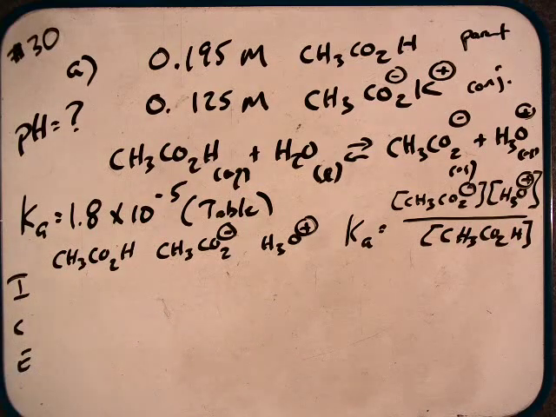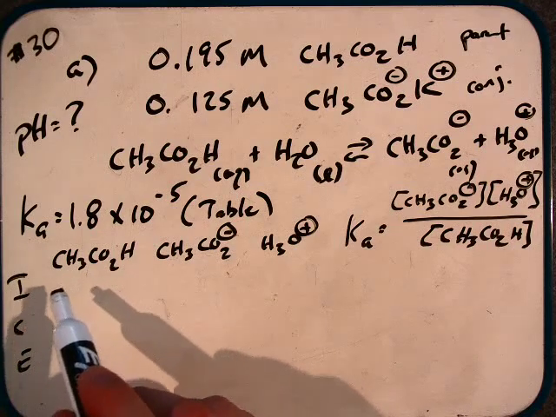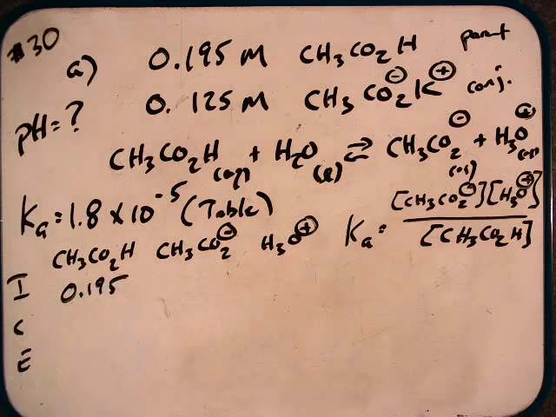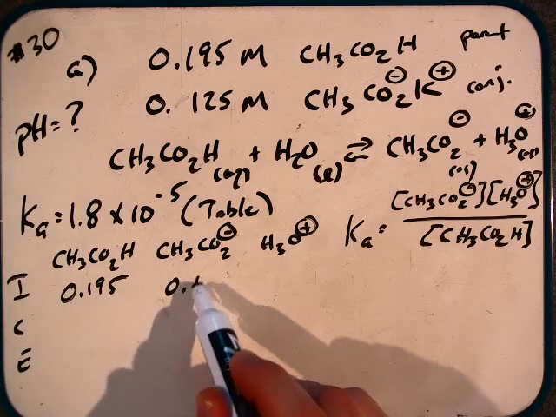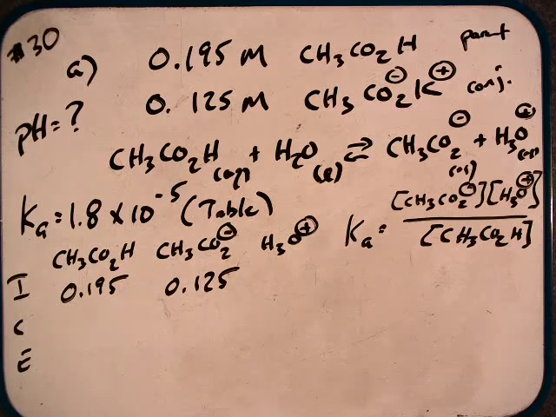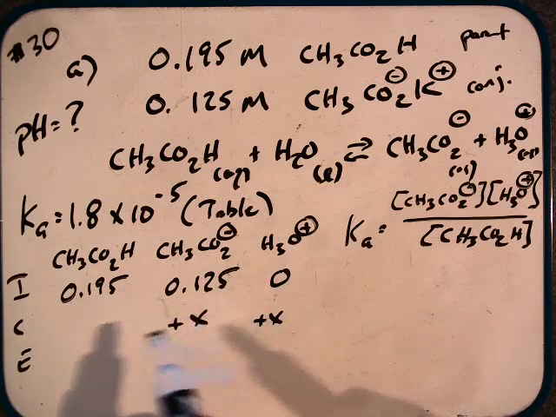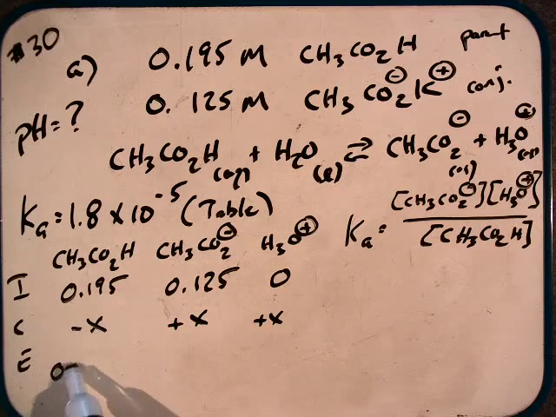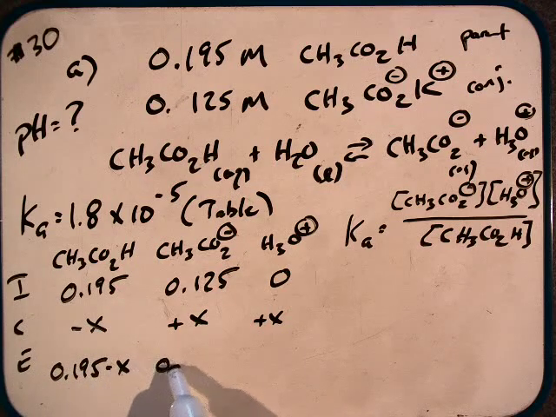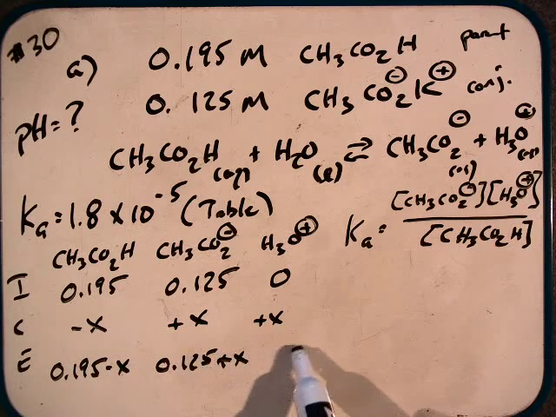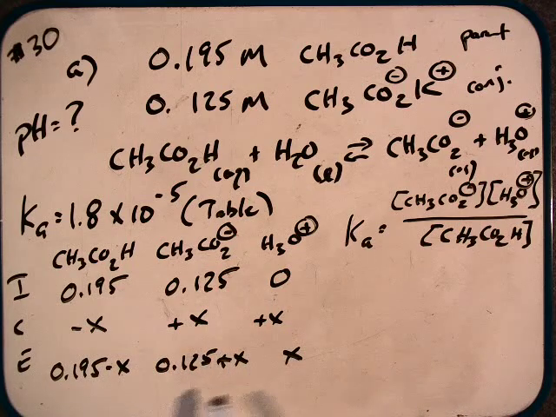And so we have an initial, a change, and an equilibrium data set. We are beginning with 0.195 molar for our acetic acid, 0.125 molar for our acetate, and we aren't beginning with any H3O+ to begin with. That tells us our change. And so those are our three equilibrium concentrations with regards to X.